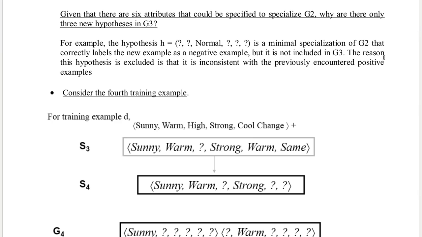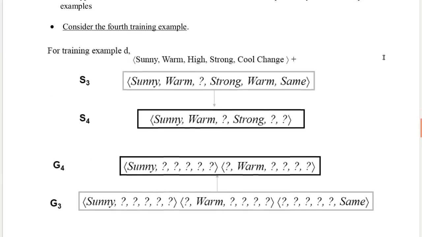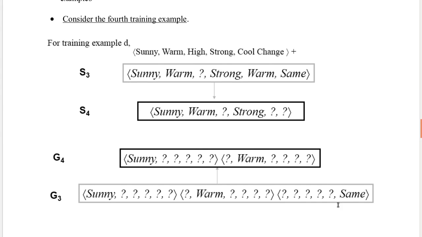Now when I update the S4, I have to consider the G3 also at the same time. Now what is my G3? G3 contains sunny, warm and same as the attributes. If we look at S4 and G3, what S4 tells is the last attribute can be anything, but G3 says that the last attribute must be same. So that is a bit inconsistent with the example.